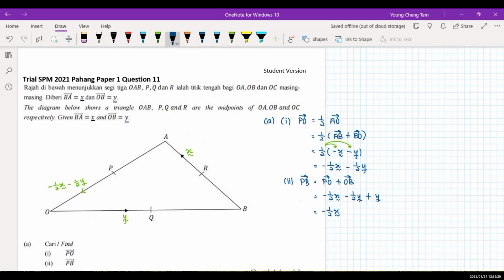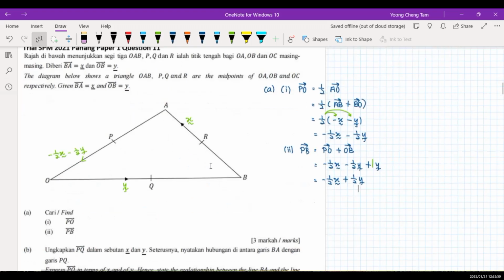Next, negative 1 over 2y plus y. Plus y is plus 1y, you have 1 for the vector. So negative 1 over 2 plus 1, you get positive 1 over 2. That's the answer for vector PB.